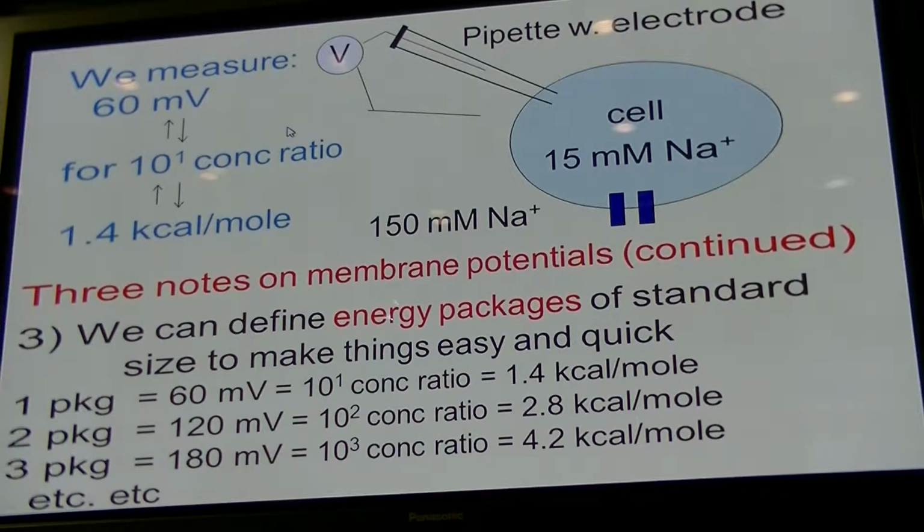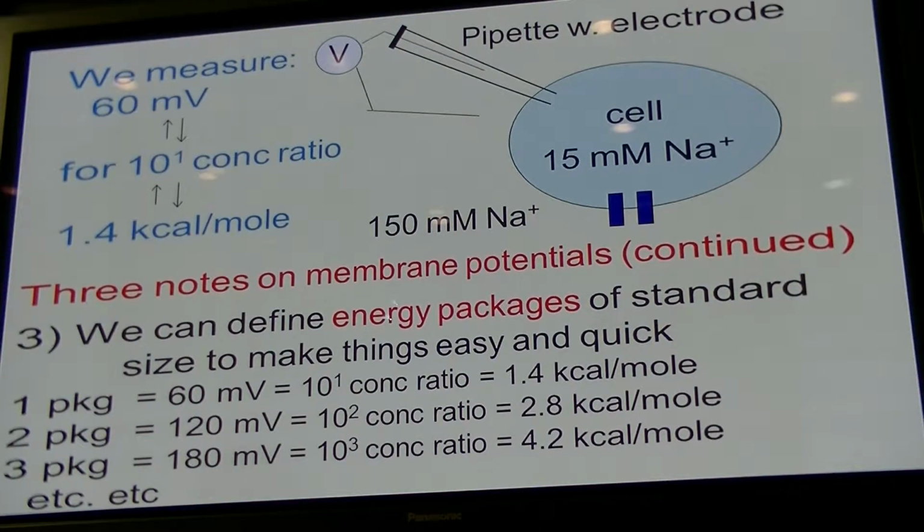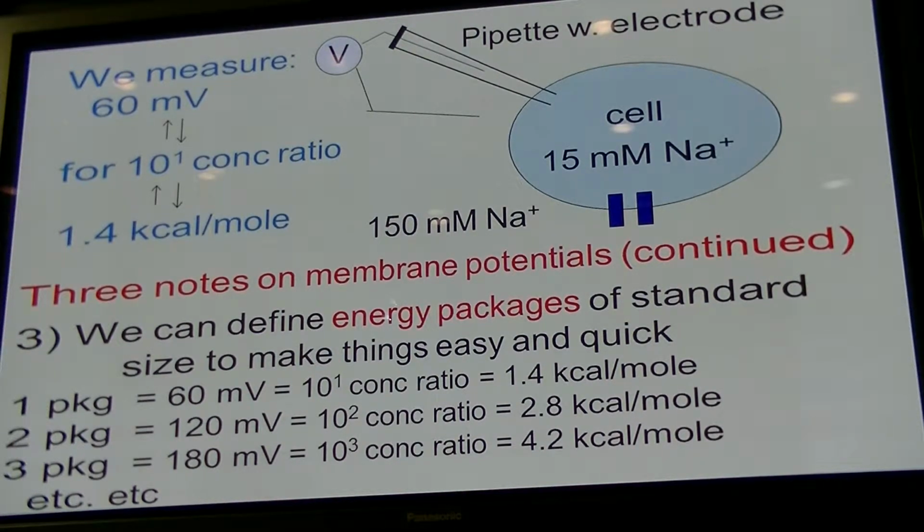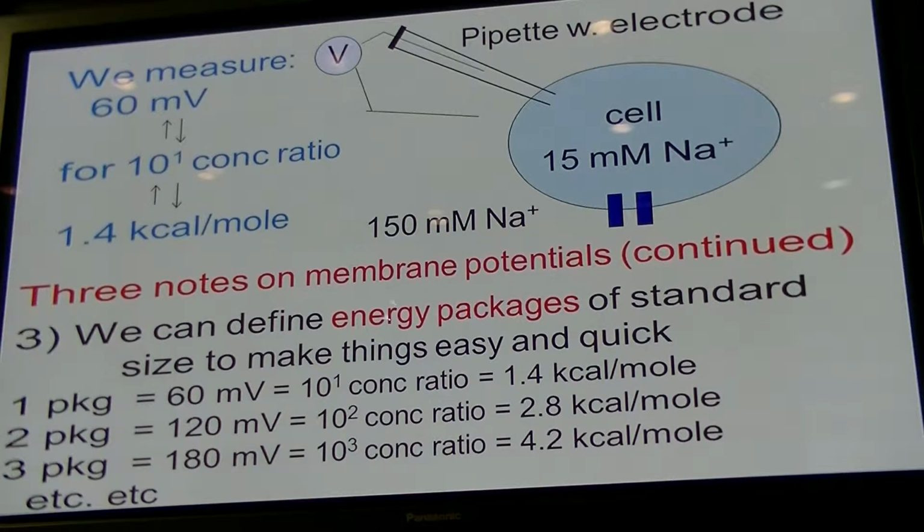And if we think about what it would take to establish a 10 to the first concentration ratio only, that was 1.4 kilocalories per mole that needed to be invested. So the energy stored in 1.4 kilocalorie per mole in magnitude is the same as the energy stored in a 10 to the first concentration gradient.